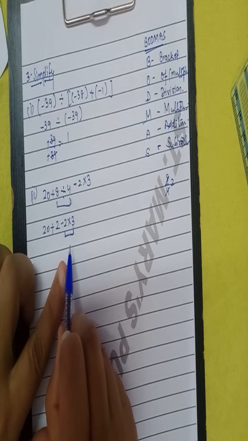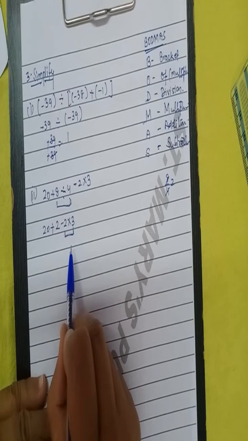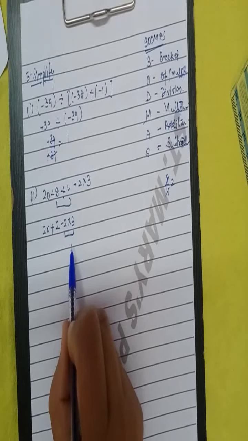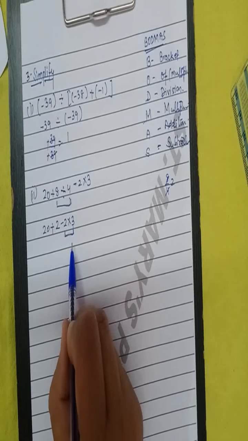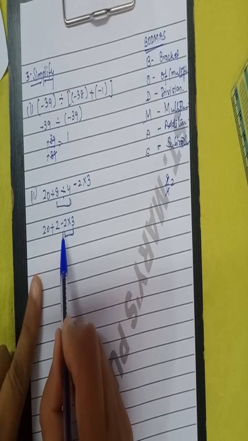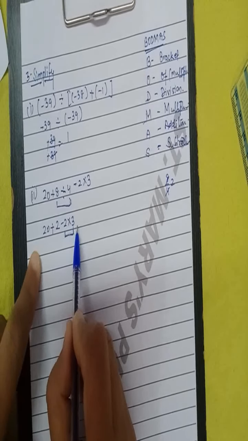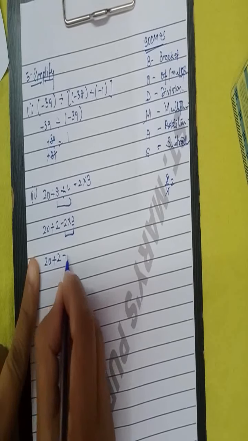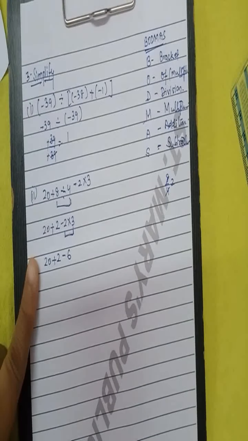We have already studied in the rules of multiplication that negative into positive is negative. So if we multiply minus 2 into positive 3, we will get minus 6.